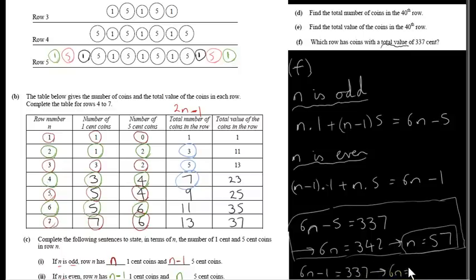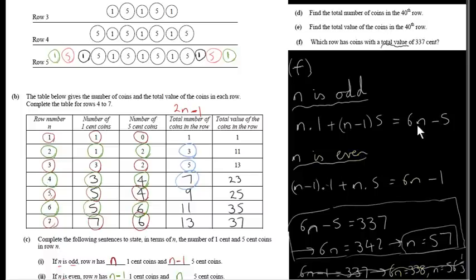We get 6n equals 338, which means that n is 338 divided by 6. 6 5s are 30, and 38 divided by 6 goes 6 times and 2 over. We get 56, and 2 sixths is 56 and a third. So there is no such row as the 56 and 1/3 row. So that tells us that that doesn't work. In other words, n is certainly not even for this situation.